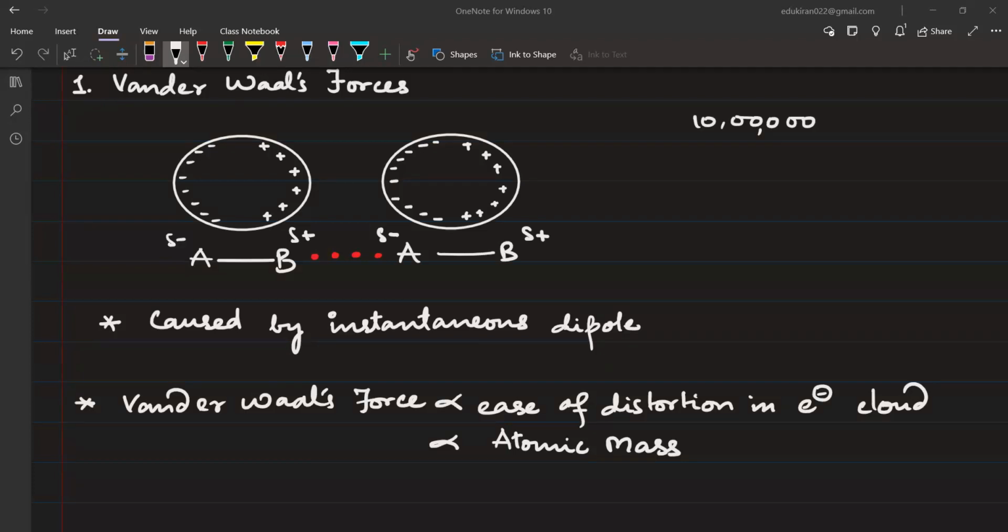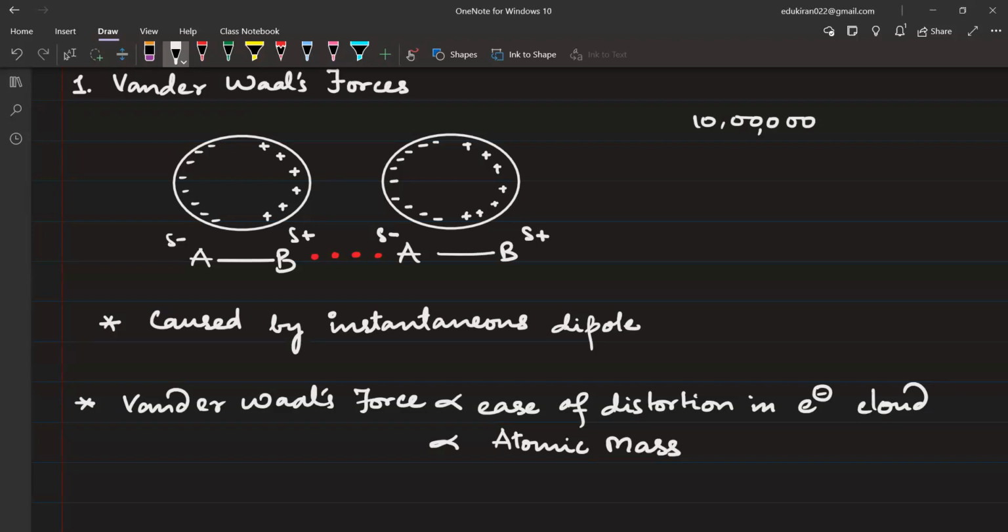We usually talk in terms of atomic masses. That is why it has been written as atomic mass. So if we have larger atomic mass, obviously there will be a larger number of electrons. And when there is a larger number of electrons, the ease of distortion increases. And if the ease of distortion increases, van der Waals force of attraction also will increase. Yes, sir.